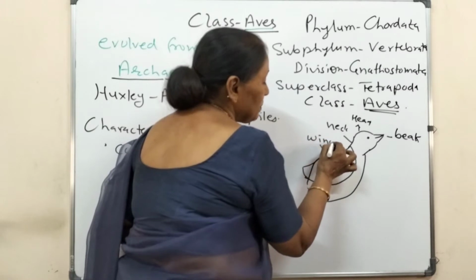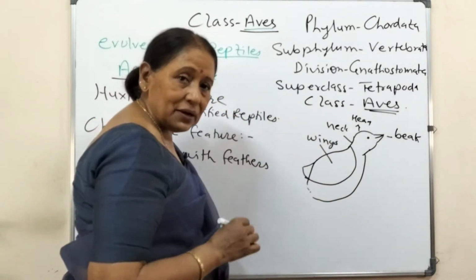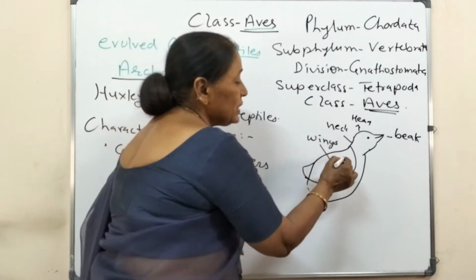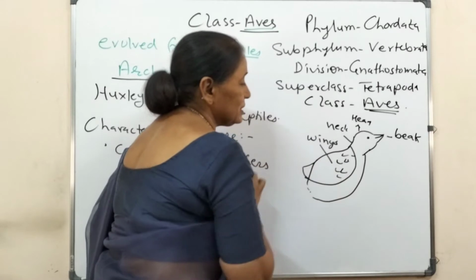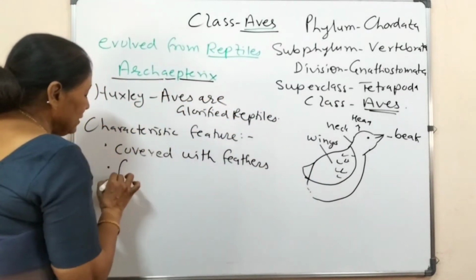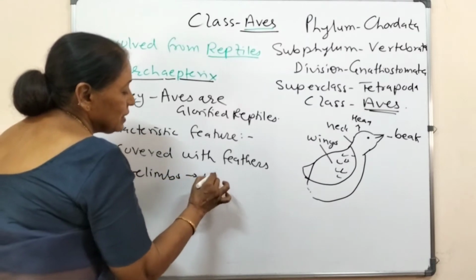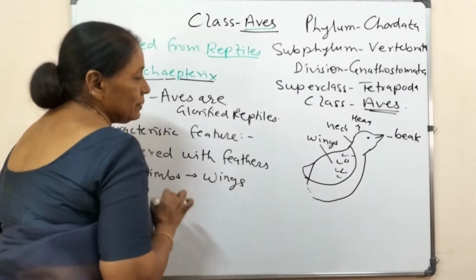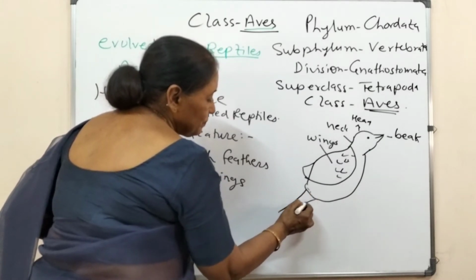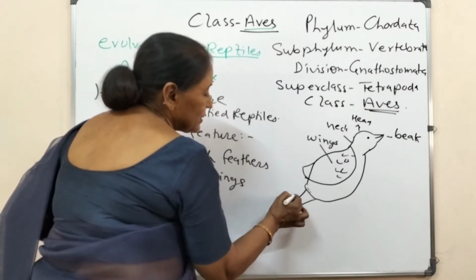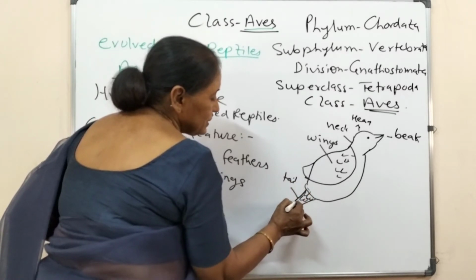So there is one pair of forelimbs modified into one pair of wings. What about the hind limb? Let us draw the tail also. This is the tail. On the tail also, tail feathers are present.